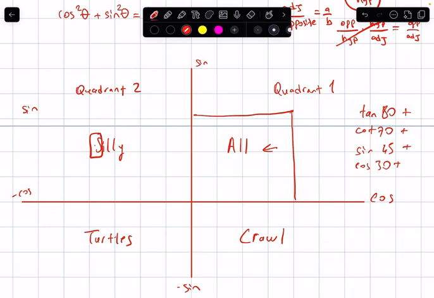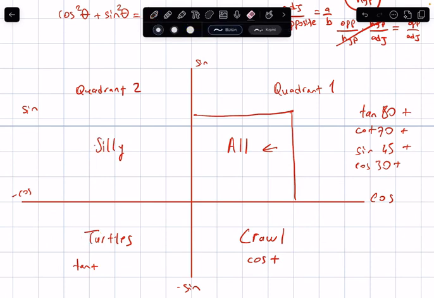That's why it is S. In here, T, the initial of the word, is positive, which means tangent is positive. And in here, cosine is positive. All Silly Turtles Crawl. Do I like this? No, I'm not actually using it. I just wanted to share it with you.